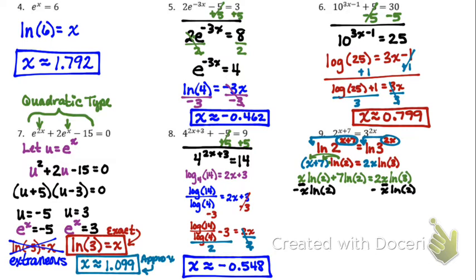Can that combine with the 2x natural log of 3? Nope. Not like terms because it's not the same log. So I'm going to have 7 natural log of 2 equals 2x natural log of 3 minus x natural log of 2.